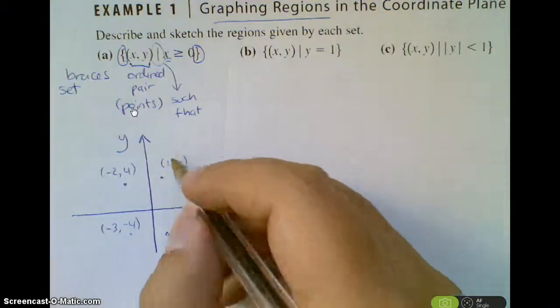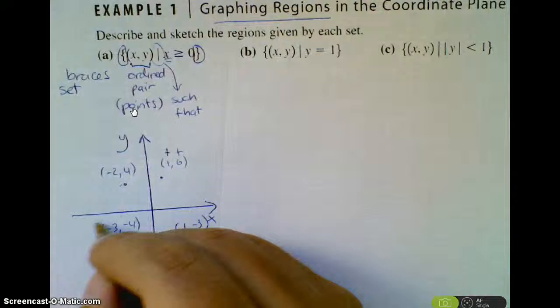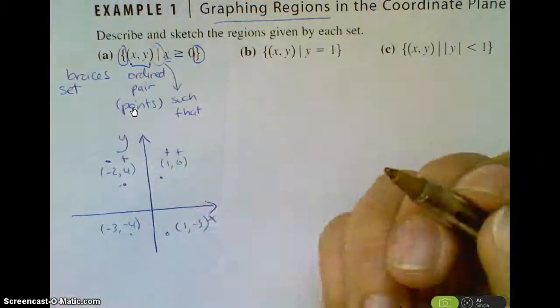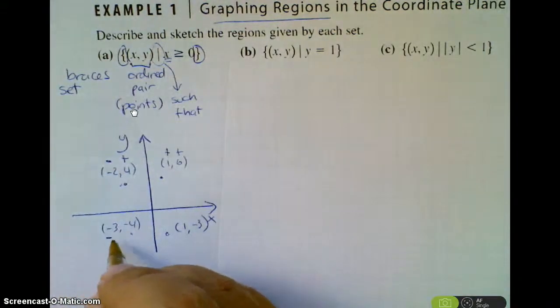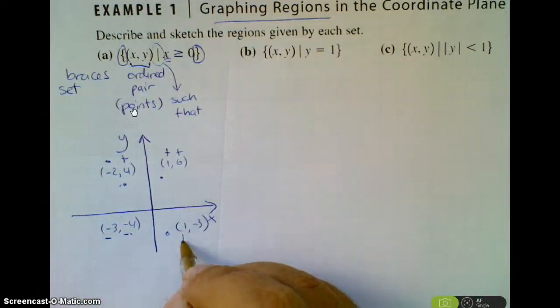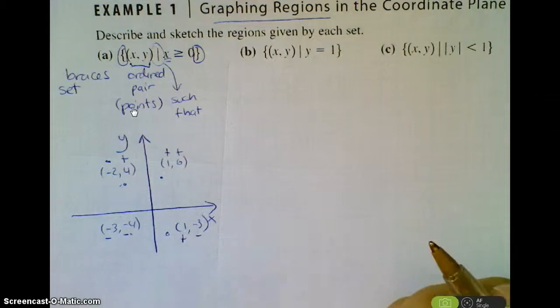A point here is going to have positive x-coordinate and y-coordinate. A point in here is going to have a negative x-coordinate but a positive y-coordinate. A point here is going to have negative x and y, and a point in here is going to have a positive x but a negative y.